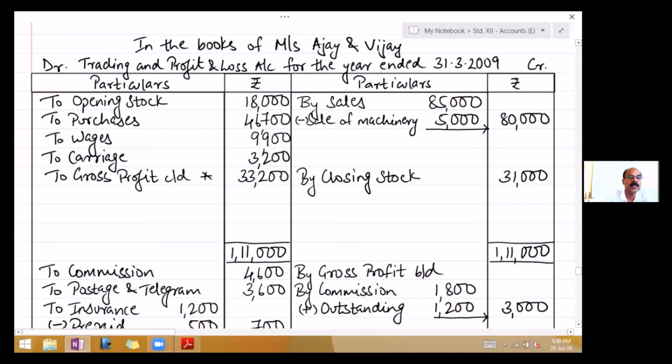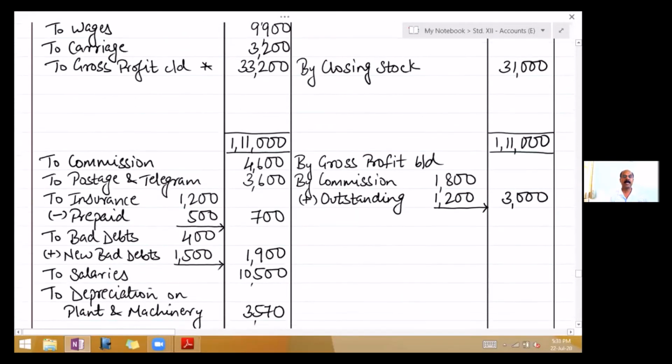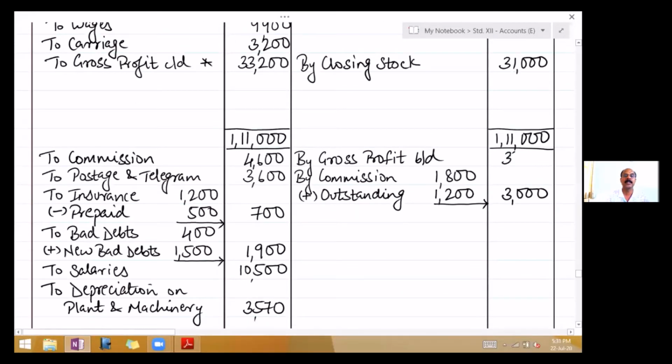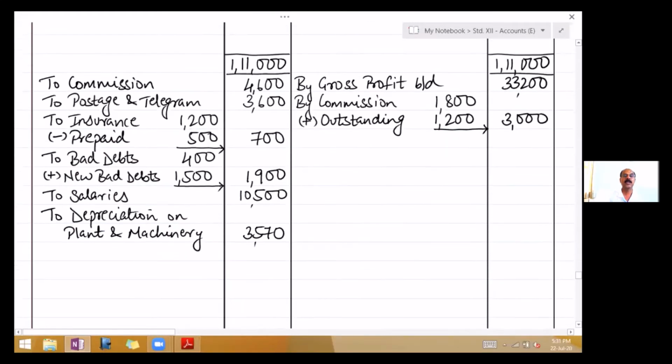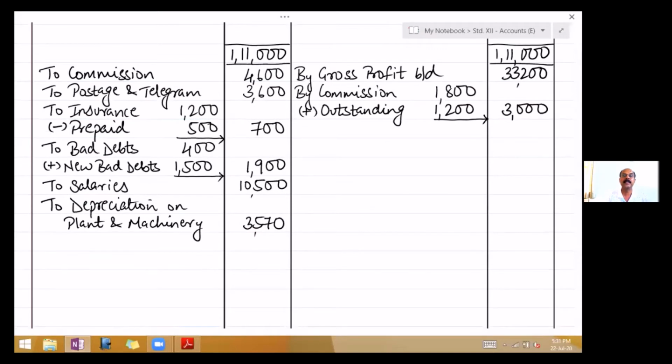Bring 33,200 down. By gross profit brought down 33,200. And now let's take the totals of P&L account to find out net profit or net loss, whatever it is. So let's take the total of credit side. 33,200 plus 3,000 is 36,200.